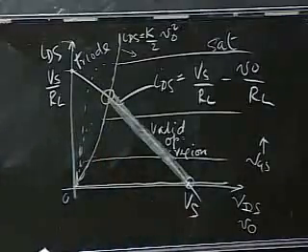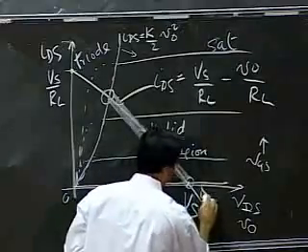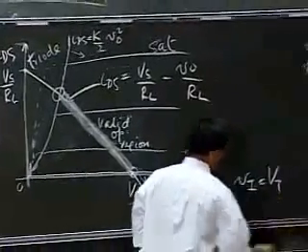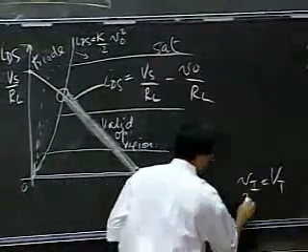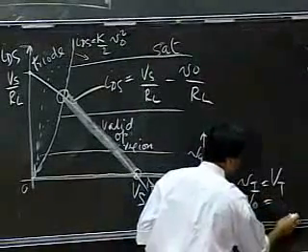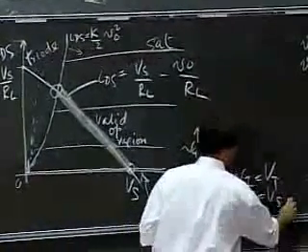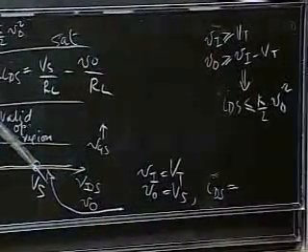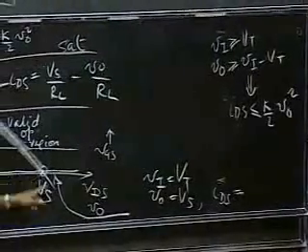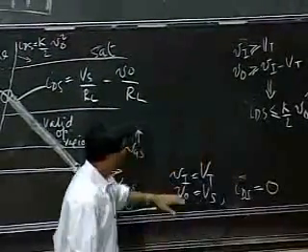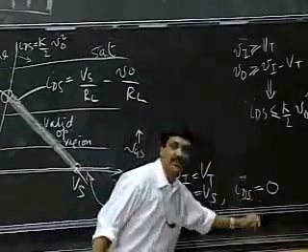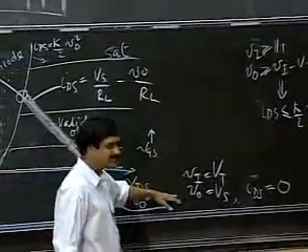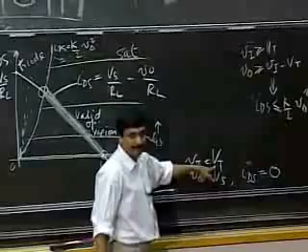This is VS. And for this point, I know that VI, which is VGS, equals VT. I know V naught is equal to VS. And IDS at this point is 0. So V naught and IDS being VS and 0 correspondingly are the output operating parameters when VI equals VT.